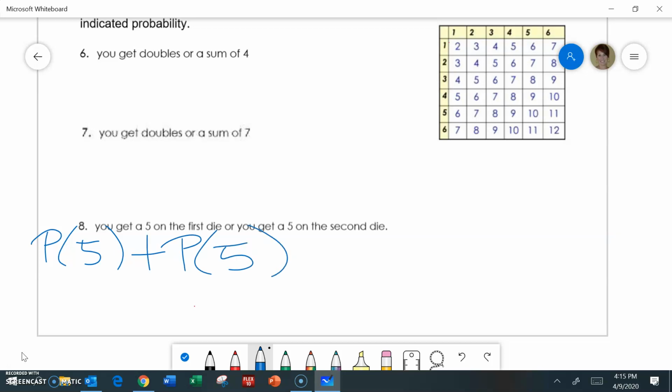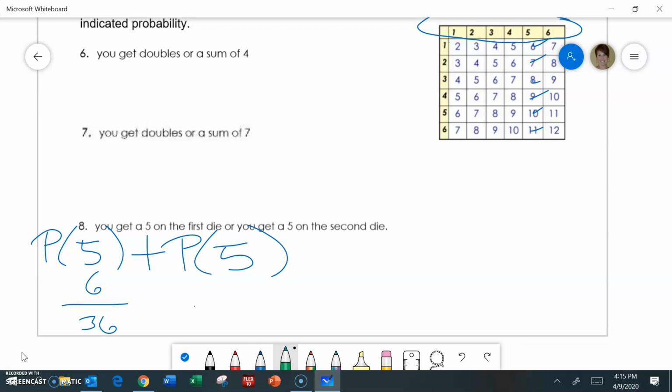So if we look up here at our chart, if you roll a 5, there are 1, 2, 3, 4, 5, 6 out of 36 options of rolling a 5. Okay?